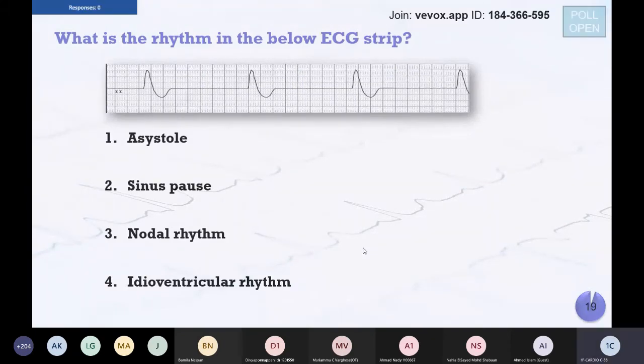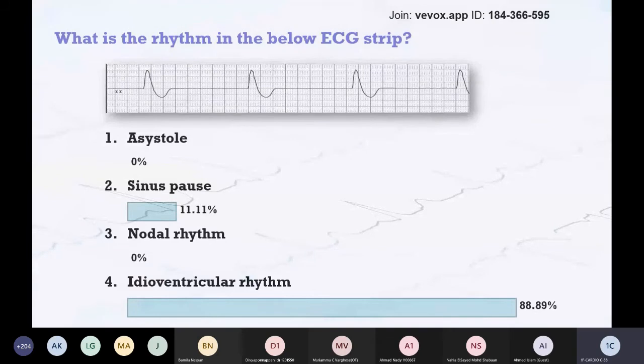We're going to start. Is it wide or narrow? I think I gave you the clue now. Time is up. So 88% said idioventricular.